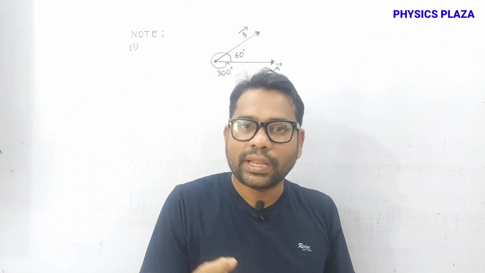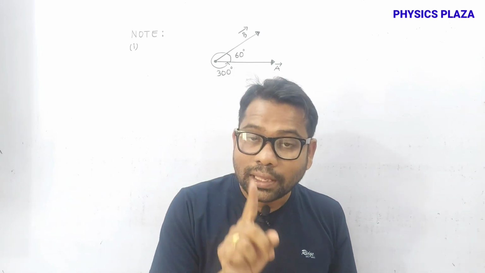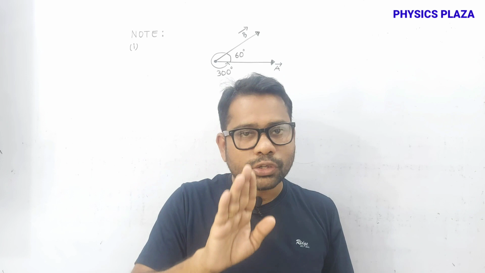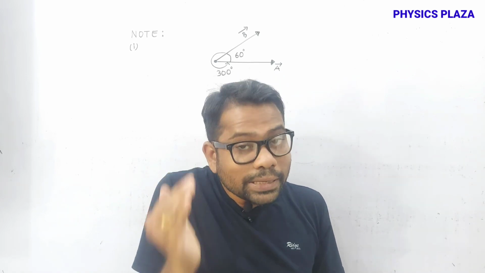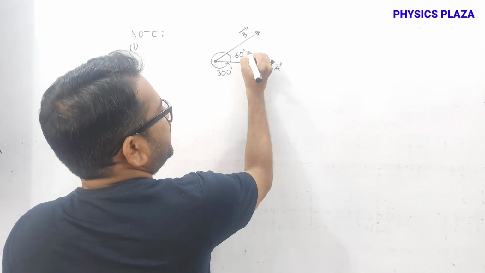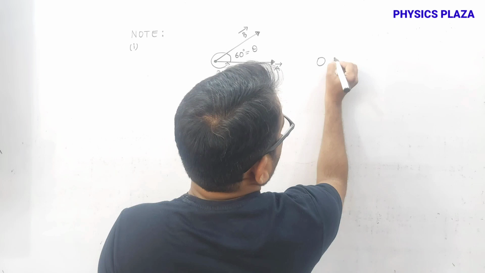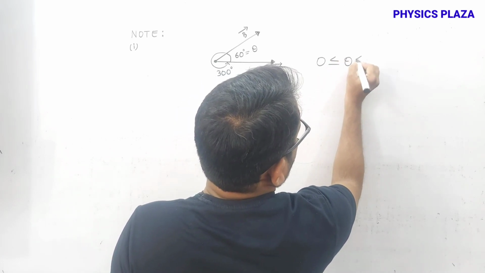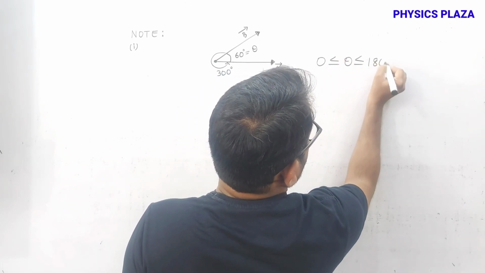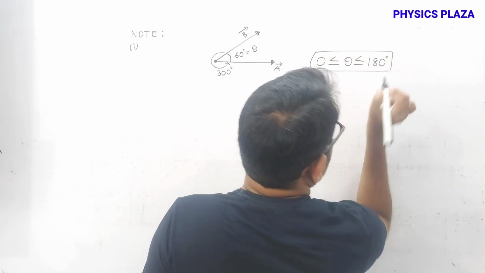Whenever we are taking the angle between any two vectors, make sure that the angle is greater than or equal to 0 and less than or equal to 180 degrees. For example, this angle theta should satisfy 0 less than or equal to theta less than or equal to 180. This condition should be fulfilled. Very important, children.